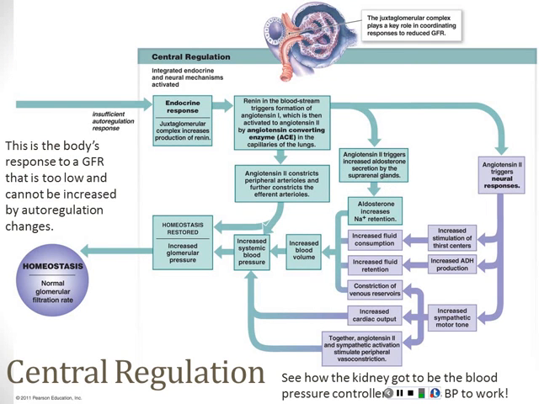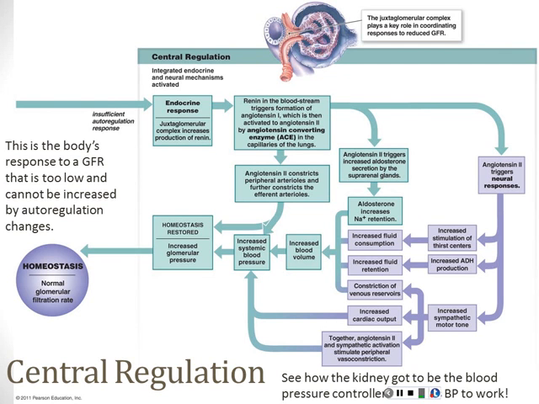All right, so at the nephron, when GFR goes down because of a decrease in blood pressure, right? So a decrease in blood pressure leads to a decrease in GFR. Anytime the GFR decreases, the kidney releases renin.